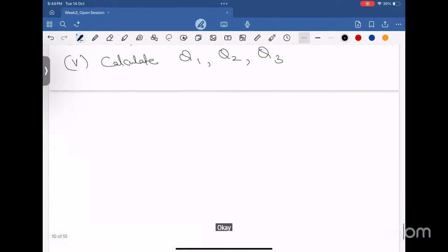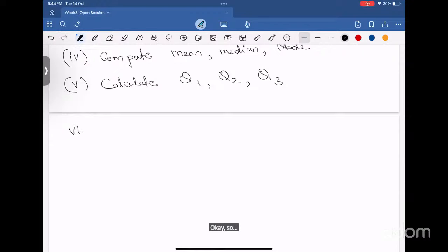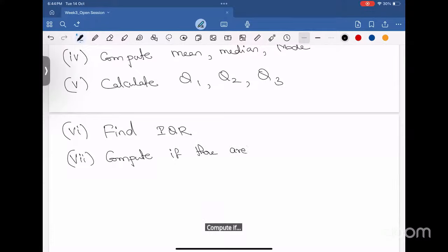Okay, so then find IQR, and then compute if there are any outliers using the standard formula that we have, right?